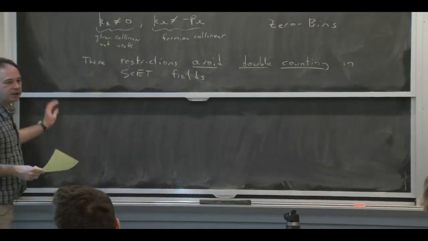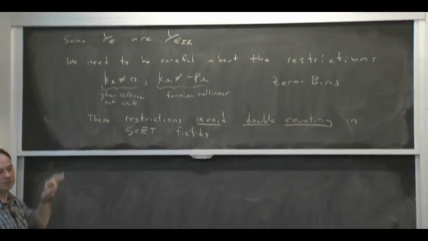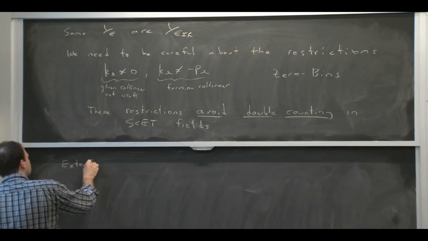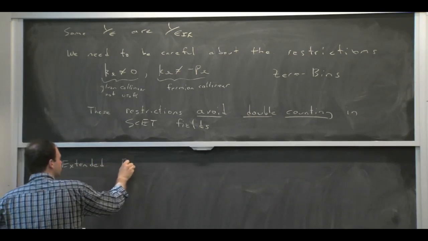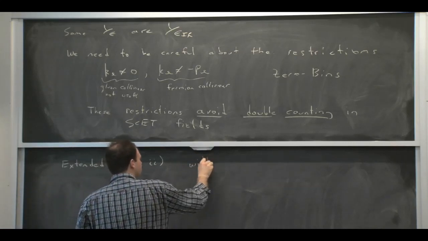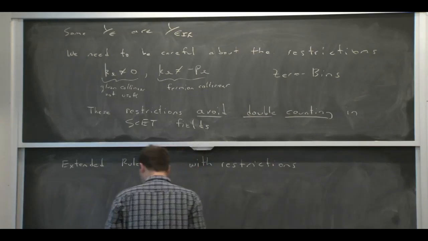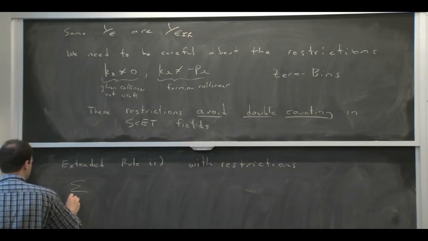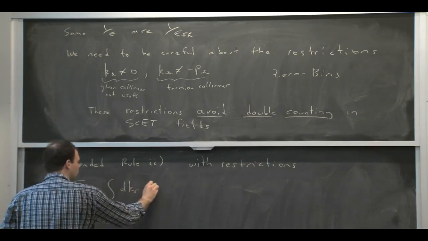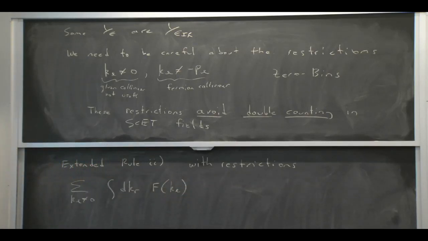Okay, so we have to modify our rule, or we extend our rule to include the case where we have these restrictions. So in an extended version of Rule 2 that has restrictions, really what we want to do is that.